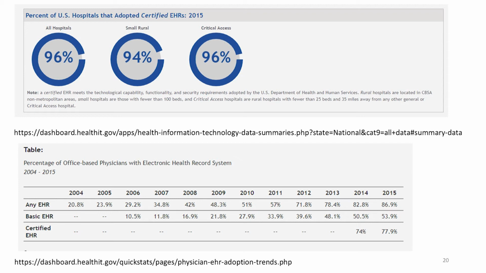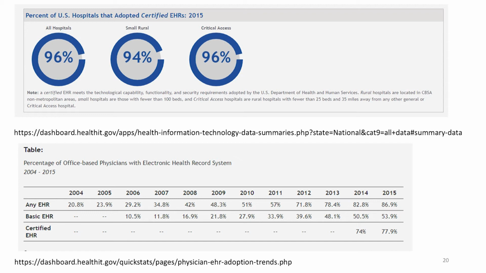And this is data from the HealthIT.gov organization. You can see that this is from 2015. So nowadays, 96% of hospitals have electronic health records, across all hospitals, small, rural, critical access.